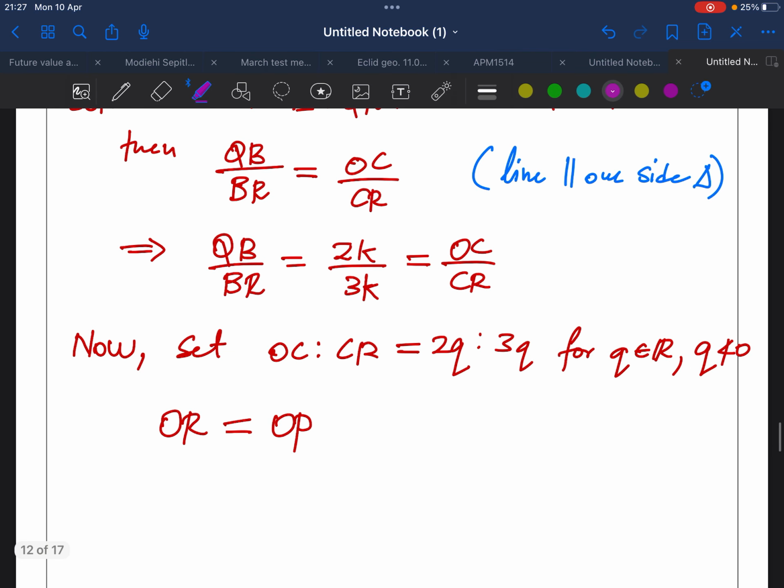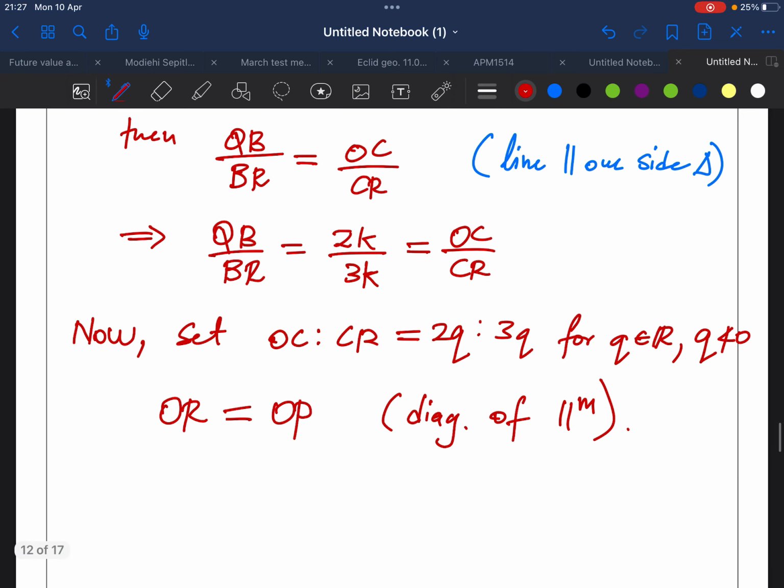Why is that the case? It is the case because these are diagonals of a parallelogram. That's our diagonals of a parallelogram.